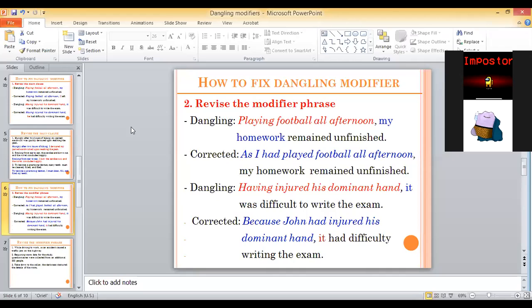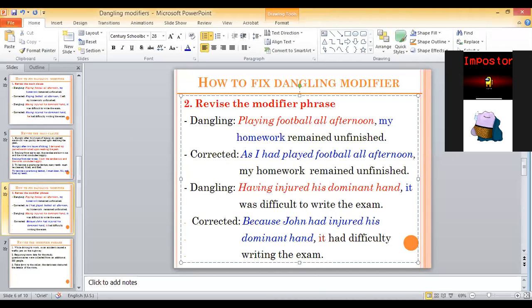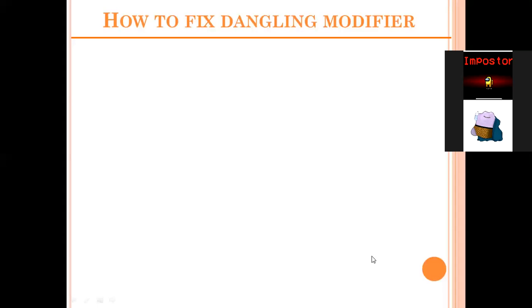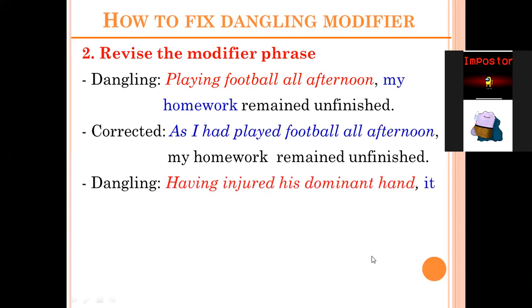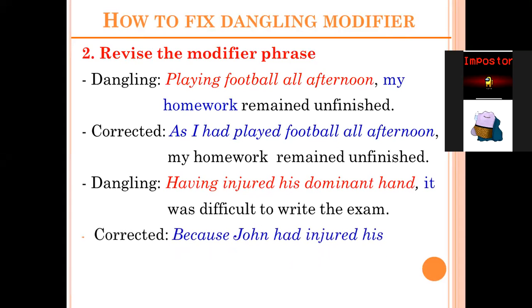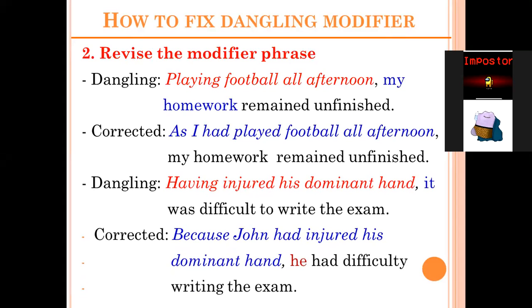I think this one is better changed to "he". So I can say, "Because John had injured his dominant hand, he had difficulty writing the exam." That is the way we can do it.